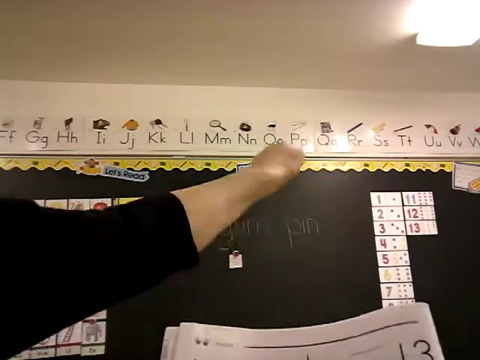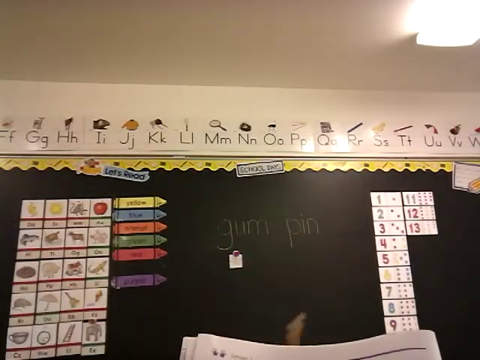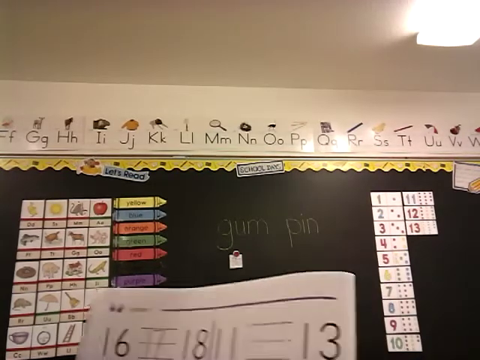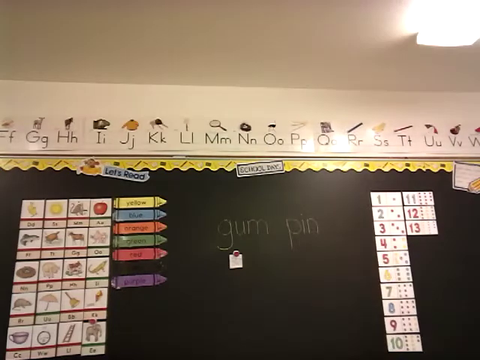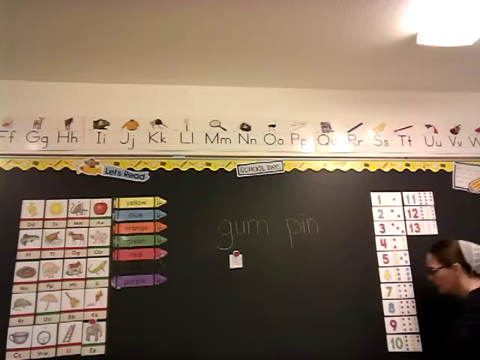If you don't know, you can look at my numbers over here on the board, but I don't even have my 14 up. Let me put my 14 up real quick. Here's 14. Well, I'll have to do that one later, I guess. Let me just write them in there for now.